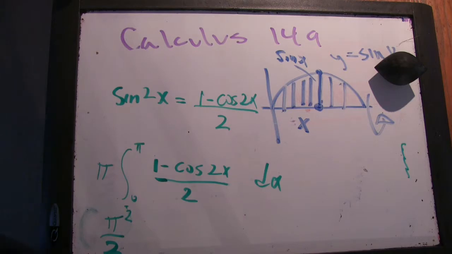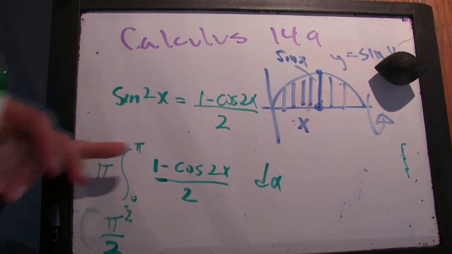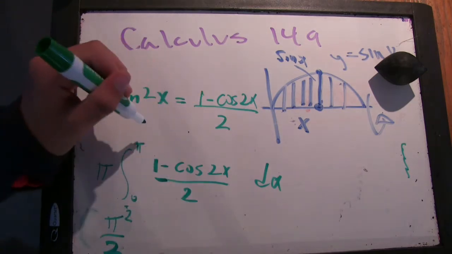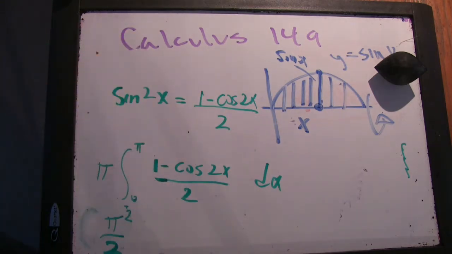Cosine 2x from 0 to pi is going to be the same as cosine x from 0 to 2 pi, because when you plug in pi to this, you get cosine 2 pi. And so what's the integral from 0 to 2 pi of cosine x?